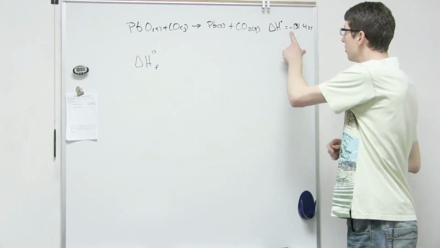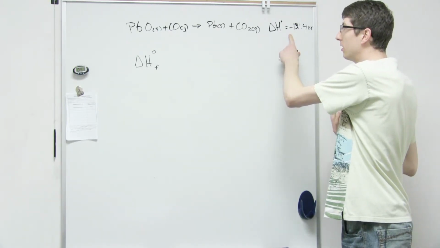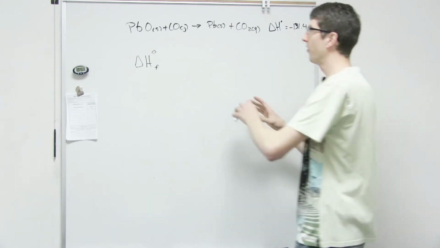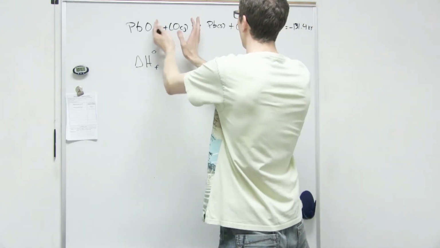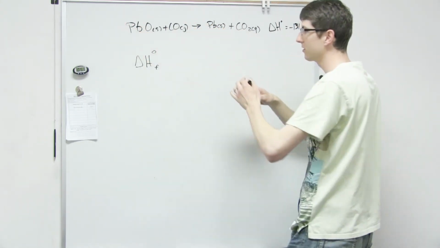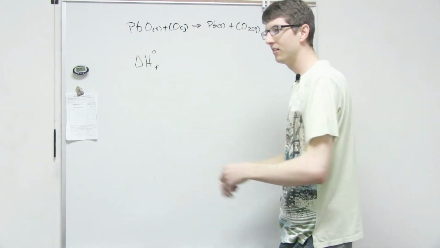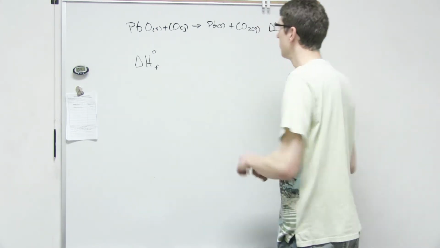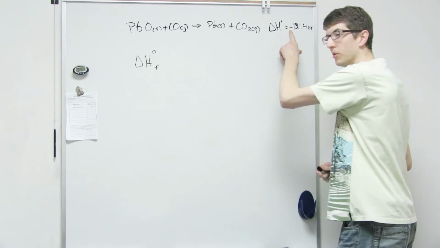Well, then what is the negative sign? So when we're referring to enthalpy and we say negative, we're saying that for this particular system, the reaction itself, so the reactants turning to products, it lost heat. So it's exothermic. So we use a negative number to show that.